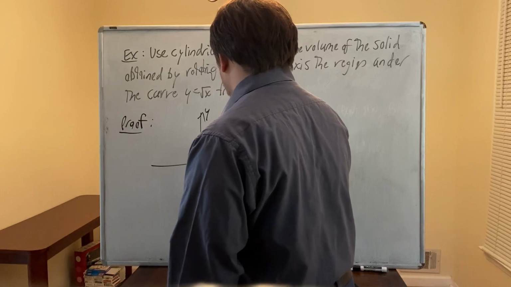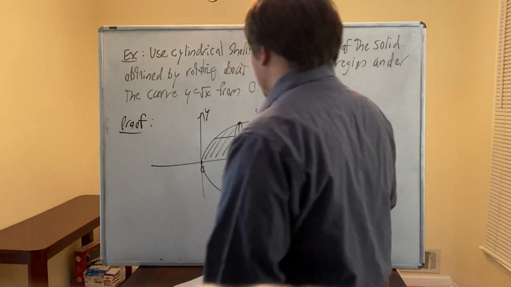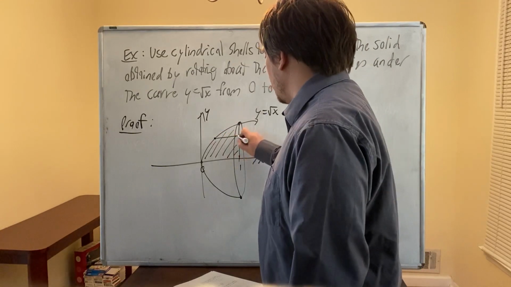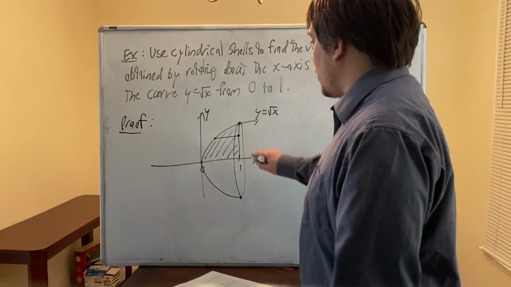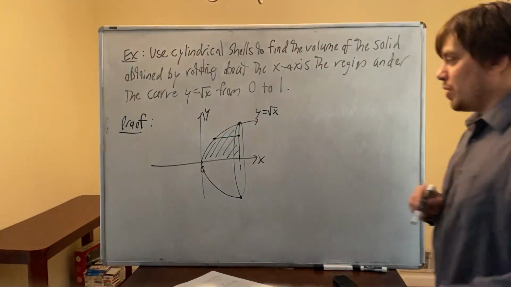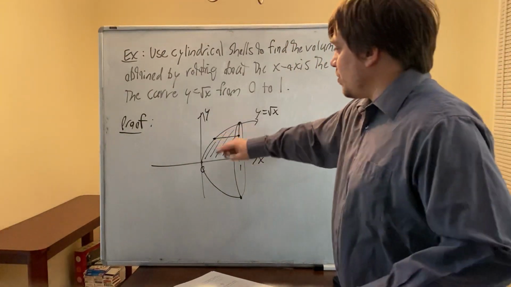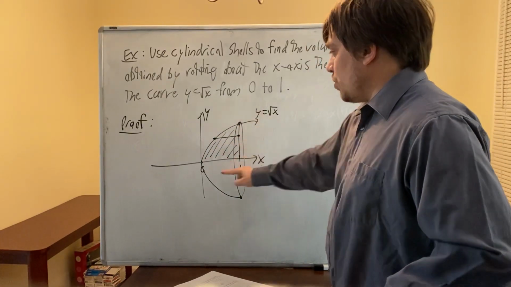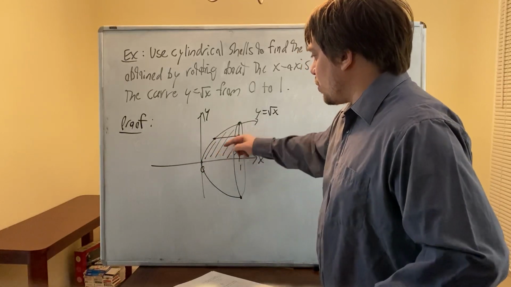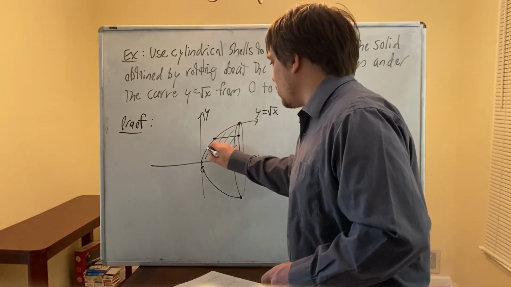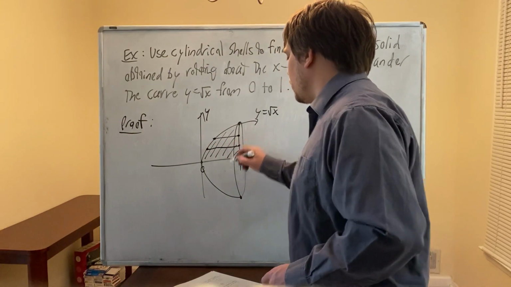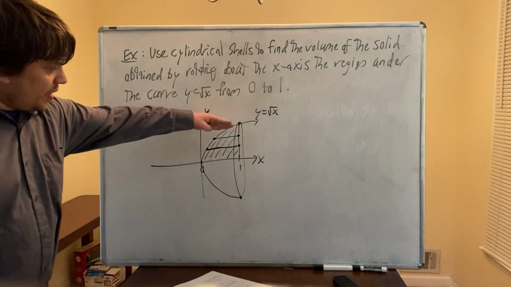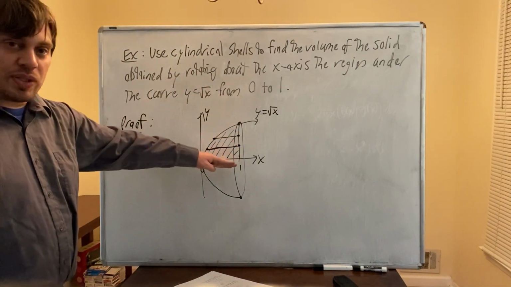So the height is going to go from here to here. I'm going to rotate that line. So you see this line segment here, which is parallel to the x-axis. If you thought of starting at a point on this graph and going right to the vertical line x equals 1, you could sweep over this entire shaded region by horizontal lines, in such a way that if you kept taking these horizontal lines, sweeping up and covering the shaded region, you would cover the shaded region.